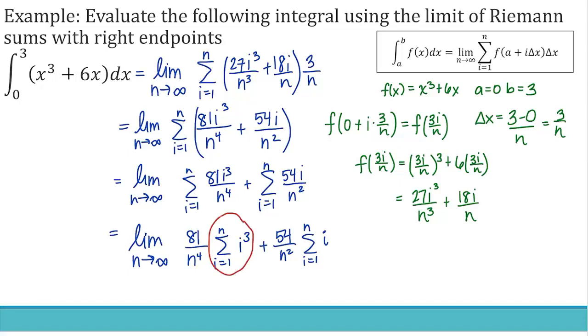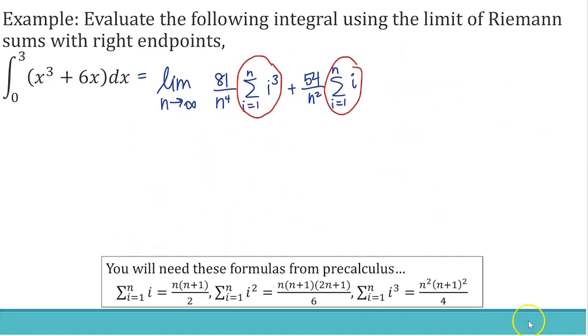So now these sigmas, these summations, have nice formulas that we need to recall from pre-calculus. So I've just made some space here, and I've included the pre-calculus formulas here on the bottom. So the sum of i equals 1 to n of i cubed is on the bottom right here. It's equivalent to n squared times n plus 1 squared over 4.